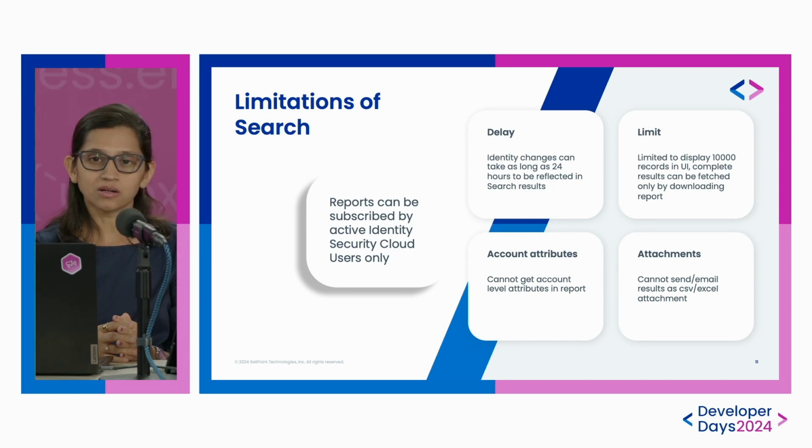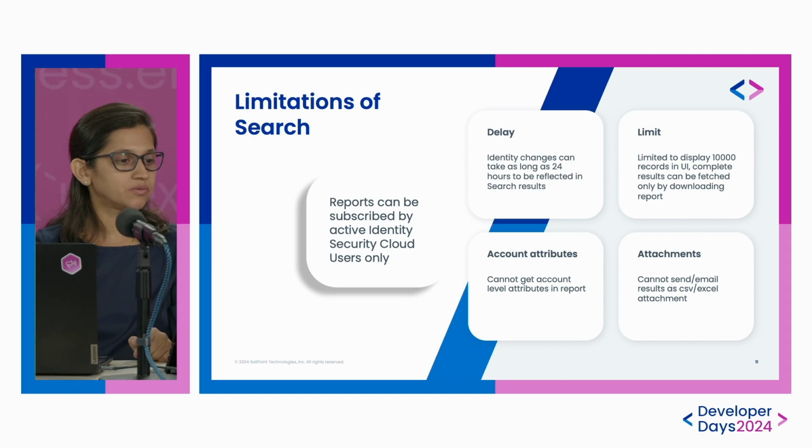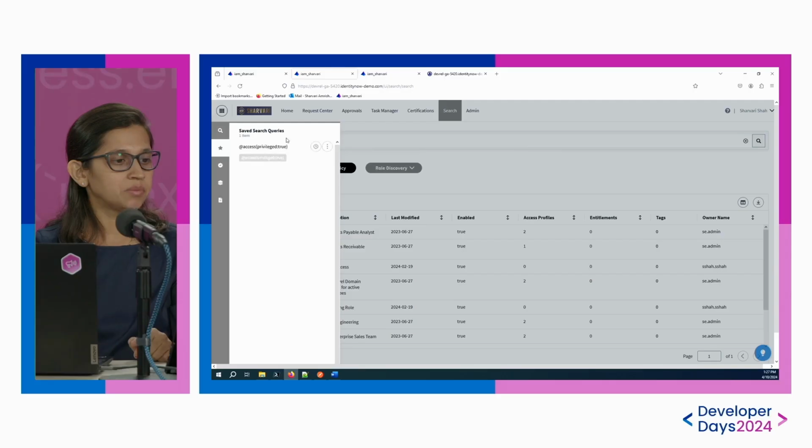Another feature, which I haven't highlighted on this slide particularly, is having an option to share these queries. When I hit save query over here, it just saves it to my local ID. So only when I log in am I able to see this query under my saved queries.